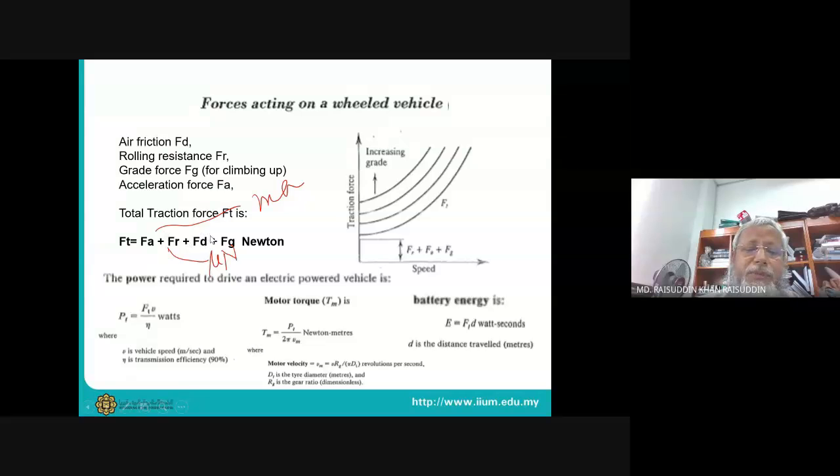Then Fd, which is called the drag force. There is a drag coefficient, and v square by twice g. If you know the drag coefficient, then when you start, our cars are not moving that fast, and here we don't need to design for it, but Fa you must know.